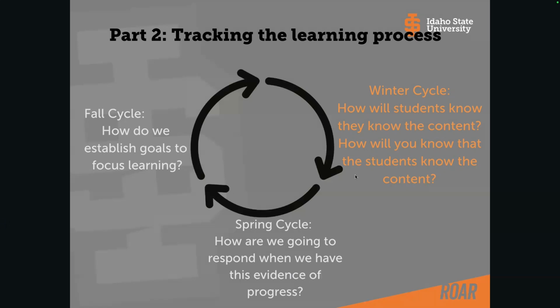So, to give you guys a heads up, we're moving through this PLC lens with our formative assessment, and our next two meetings in the spring are really going to focus on how we are going to respond. What does this look like? One of the groups I was in said, we have all this data, but what do we do with it, right? So if we're not using the data, then let's not waste our time collecting it, or let's be more intentional with the data that we are collecting.